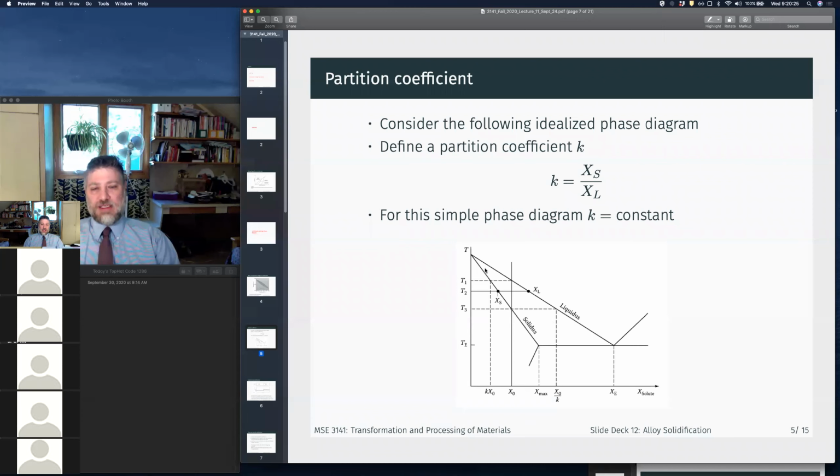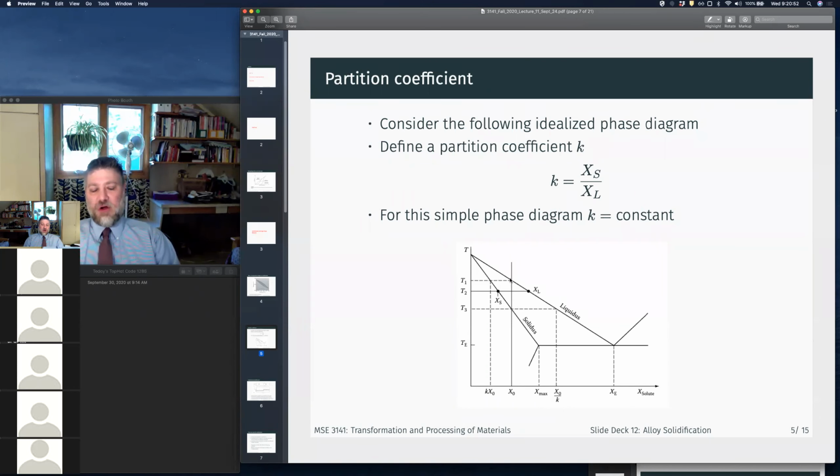Right? And so that's kind of an important concept. If these were, in the general case, curved, this partition coefficient's only approximate. But for understanding things conceptually and from a theoretical point of view, this idealized picture works just fine, right?